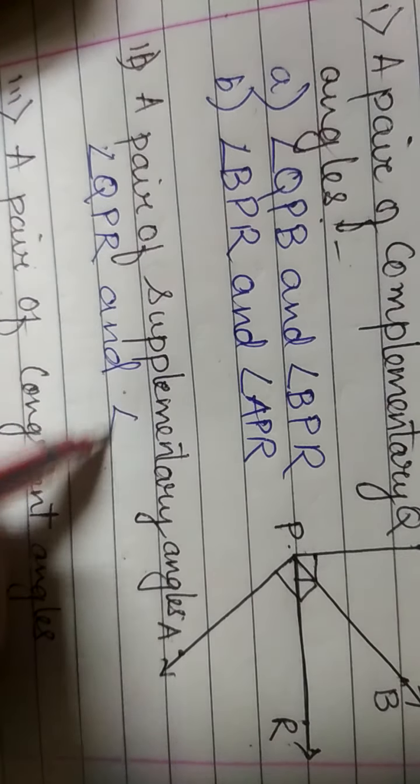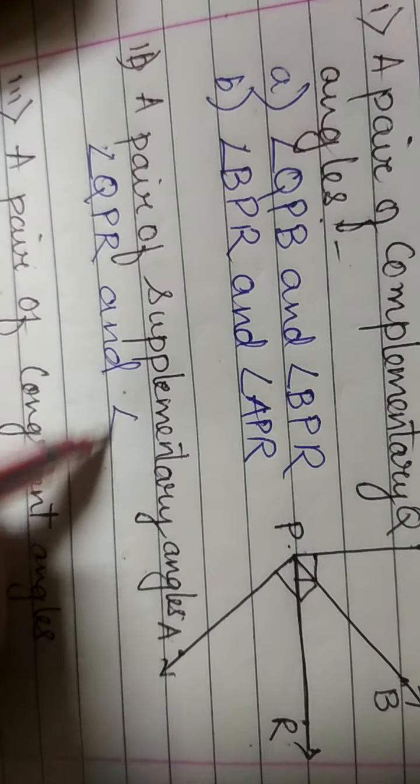Now a pair of congruent angles. Congruent angles means equal angles. Angle QPR and angle APB are congruent angles. Again from the diagram, angle QPR is 90 degrees and angle APB is also 90 degrees, so they are congruent.